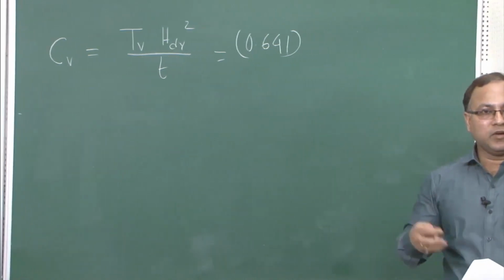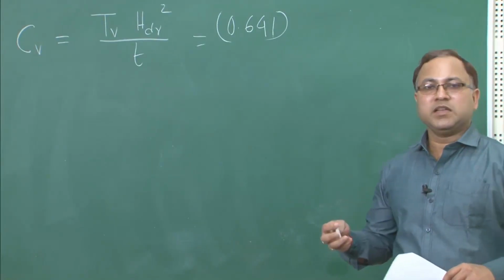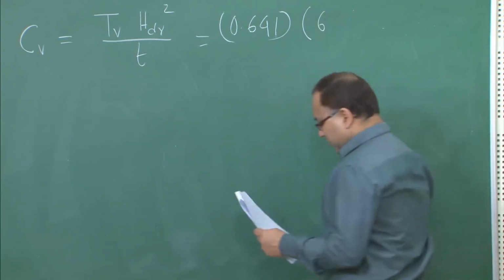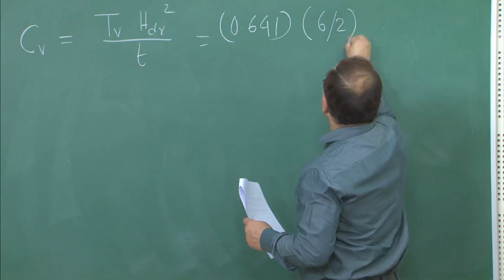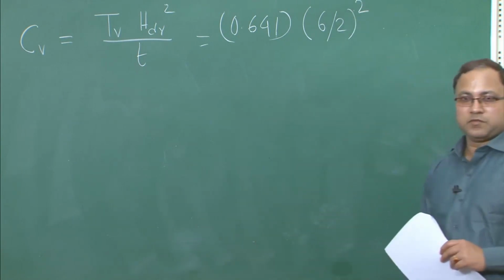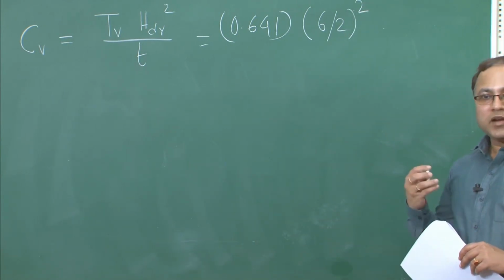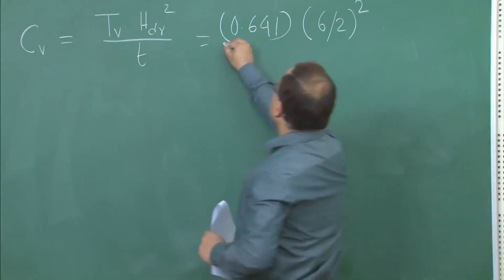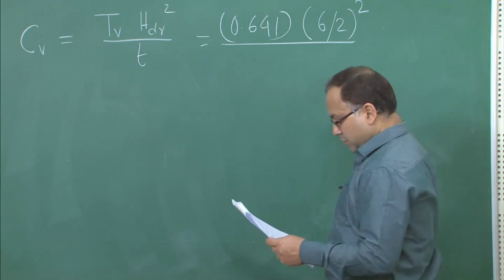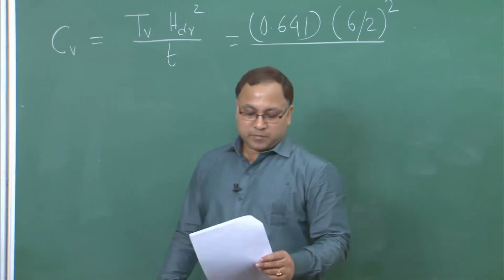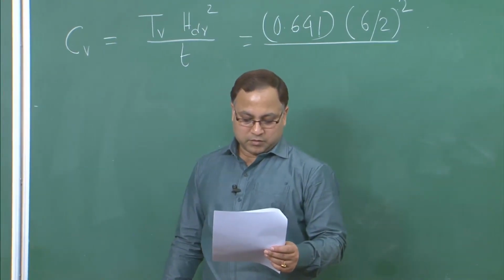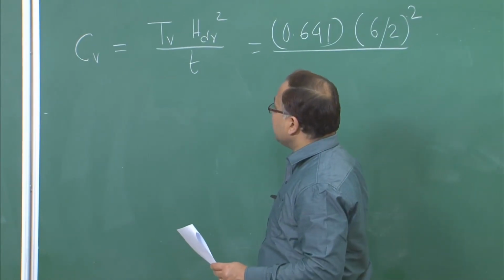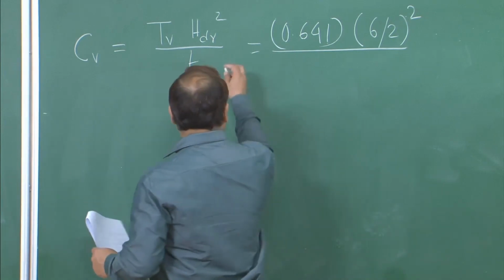You have a double drainage system, so your total thickness of the stratum is 6 meter, divided by 2 whole square, because the water can go out from the top as well as from the bottom, divided by the time. Time is not given, I am sorry, CV is given rather. So, this is the expression.